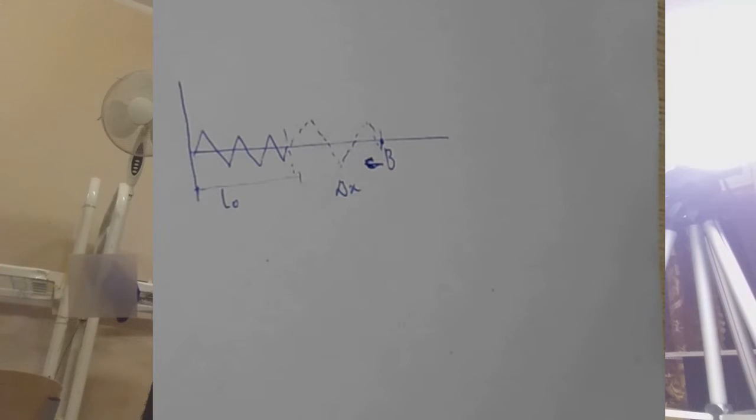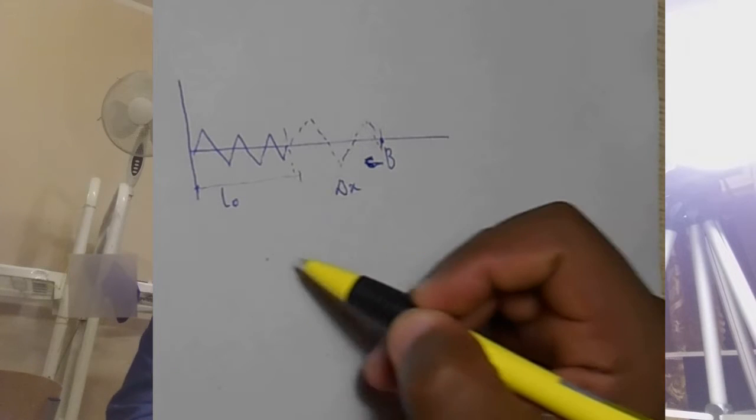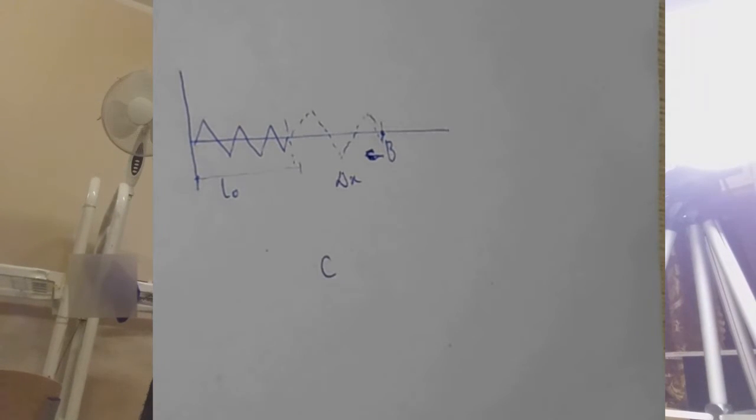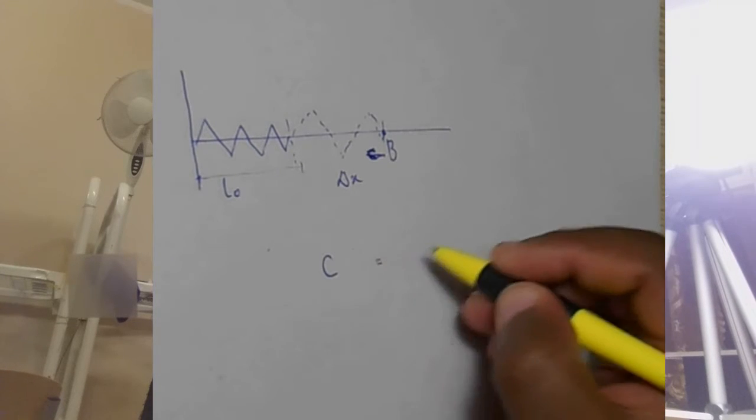and if we know the spring constant, let's give it the letter C. This would be our spring constant.